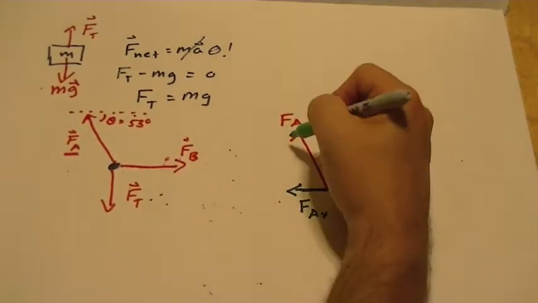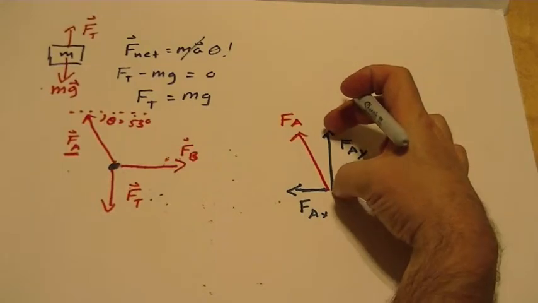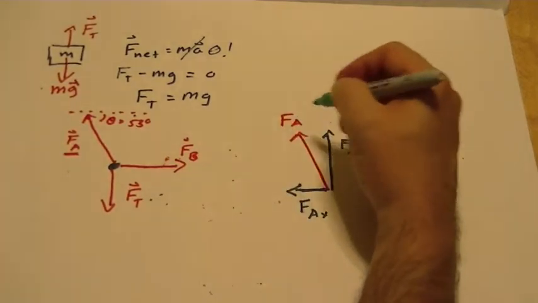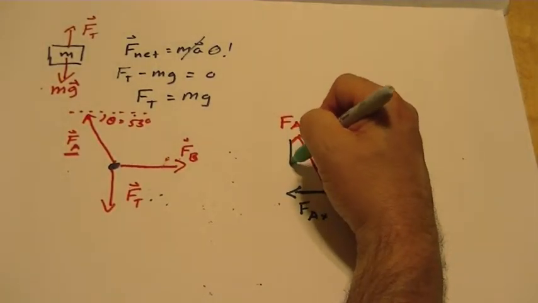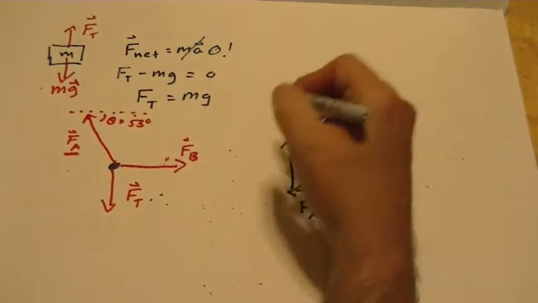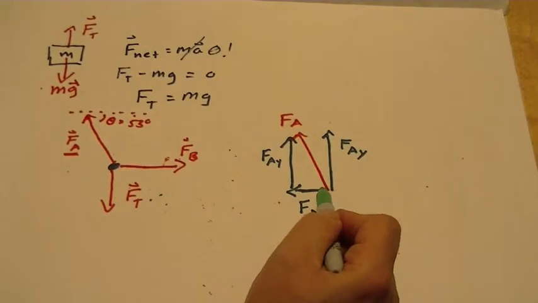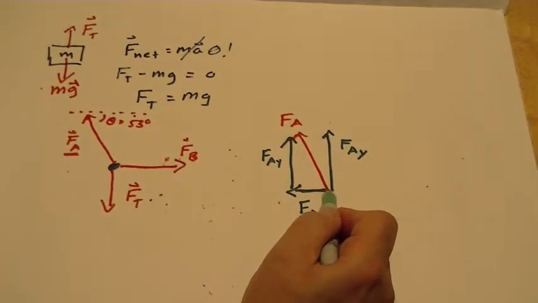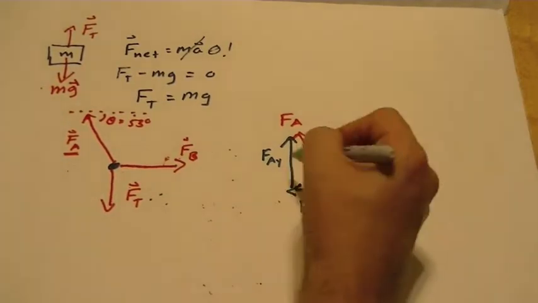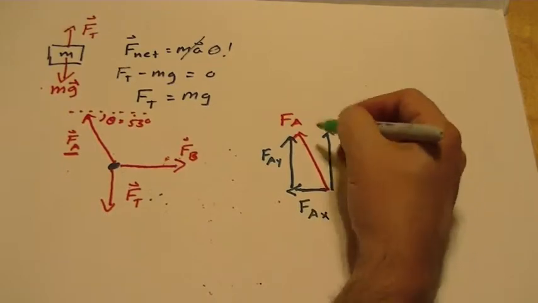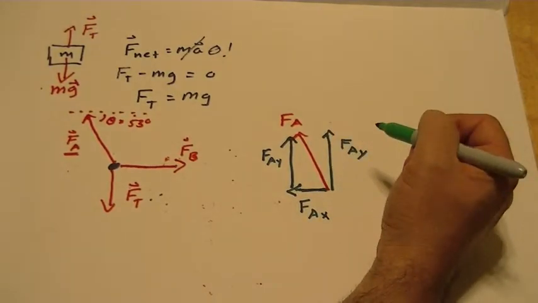Now these vectors complete this triangle. If I imagine that I pick this vector and redraw it over here, you can see that when I add vector Fax and vector Fay, I actually do get the vector Fa.